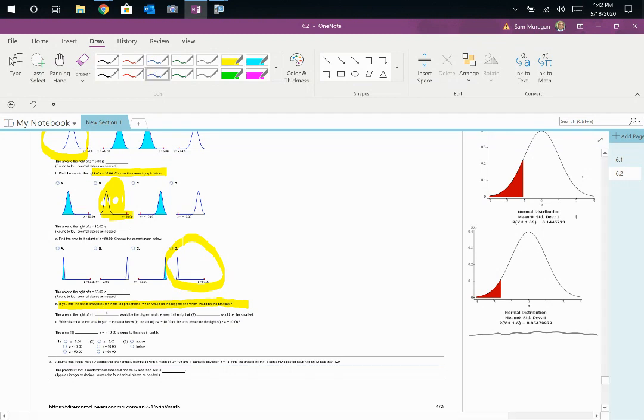Remember what we said about how much further you go to the right. Probability represents the area on the curve, so the area to the right of 50 would be very small. And then part E, which is equal to the area in part B.